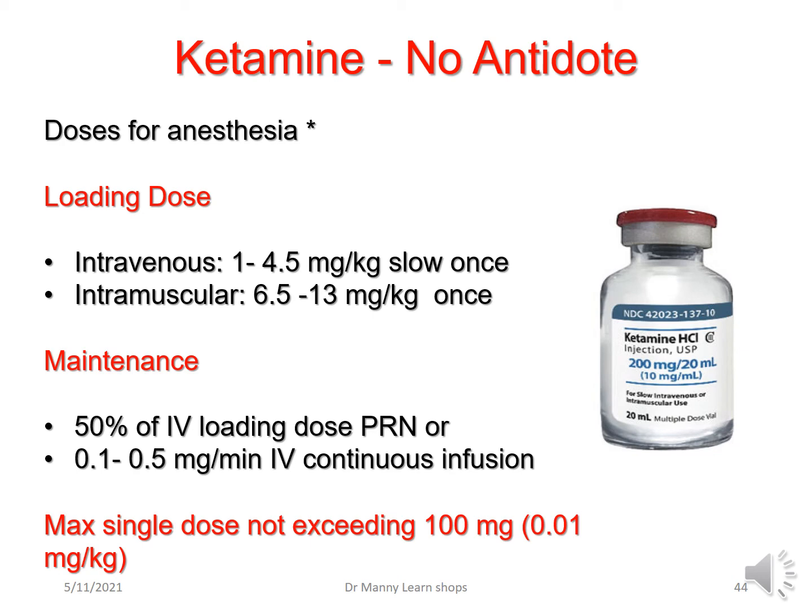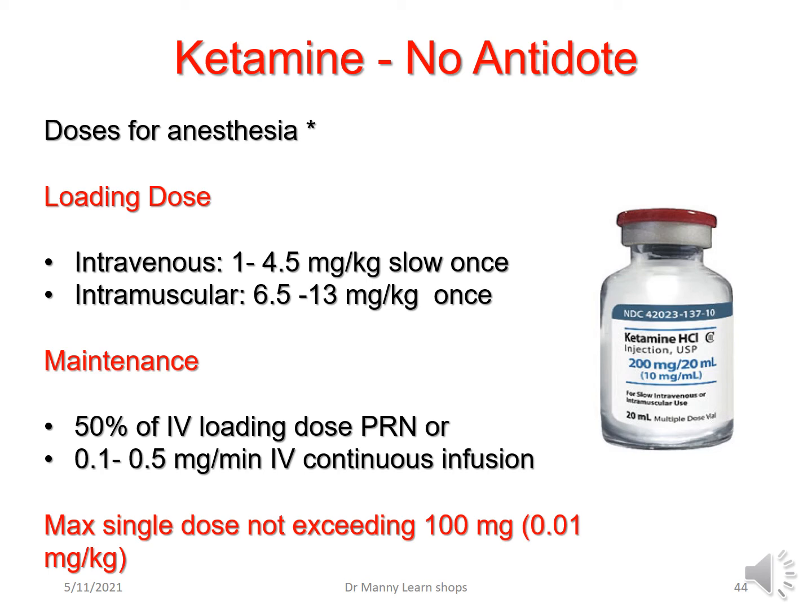If it's given intramuscular, the dose is typically increased because again availability isn't going to be as good as with intravenous, which provides 100% bioavailability. Intramuscular, 6.5 to 13 milligrams per kg, just given once. Maintenance for intravenous can be 50% of the loading dose or you can give it specifically at 0.1 to 0.5 milligrams per minute as a continuous infusion.